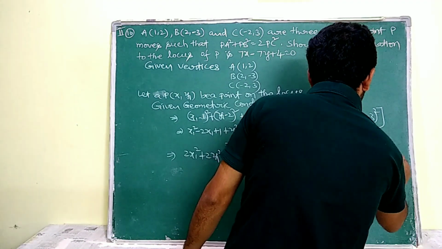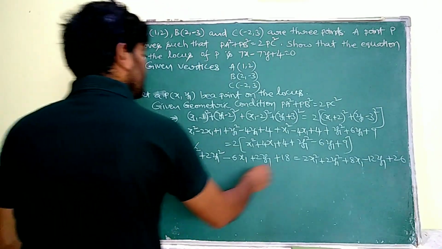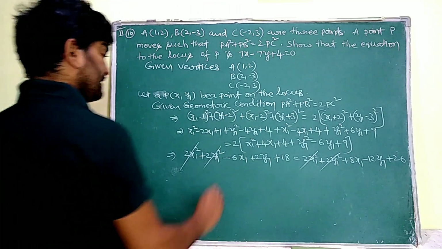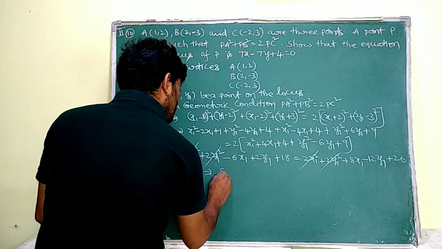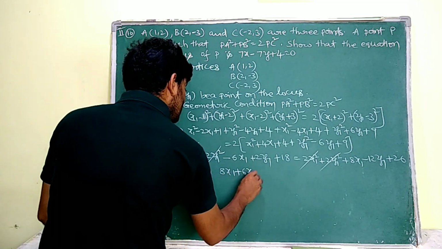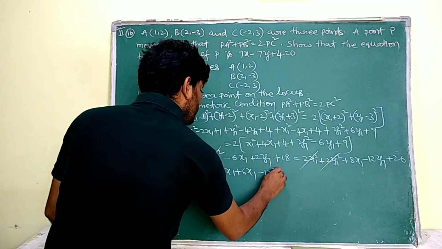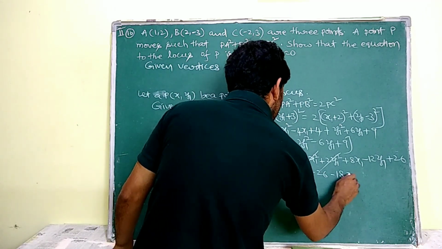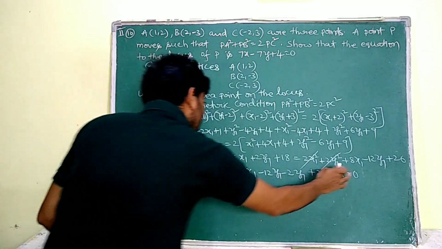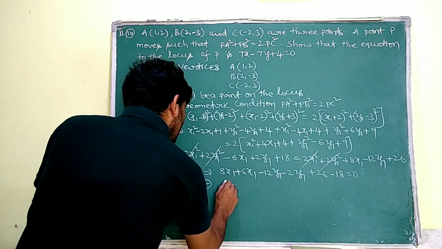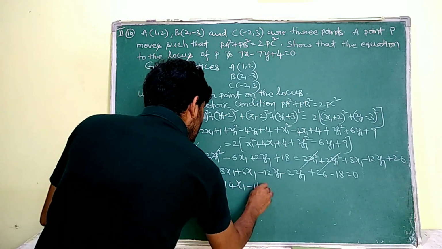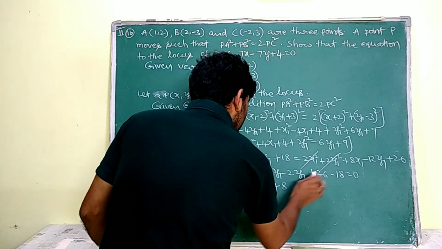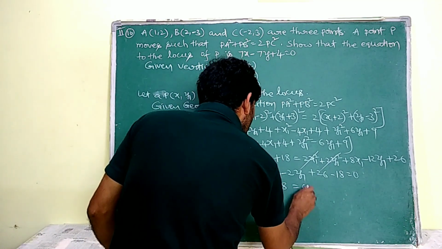So 2x1 square and 2y1 square are going to be cancelled. Now send all these values to that side. So 8x1 plus 6x1, plus 12y1 minus 2y1, plus 26 minus 18 is equal to 0. That implies it is 14x1 minus 14y1, plus 26 minus 18 means plus 8, is equal to 0.